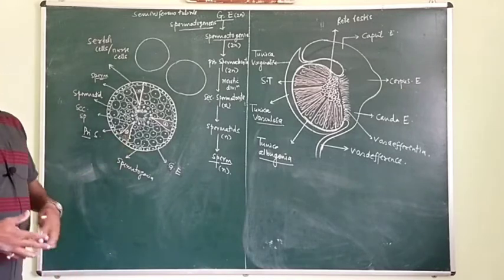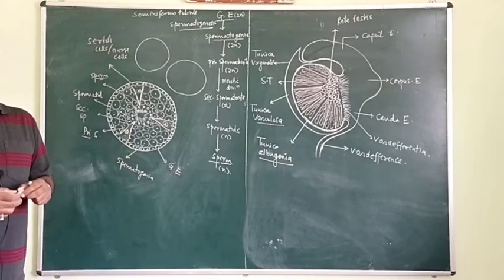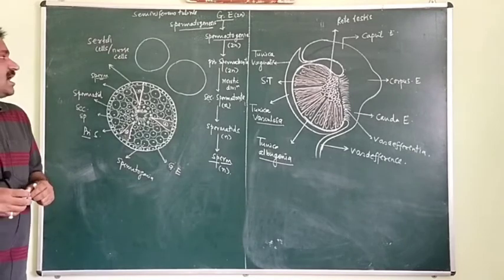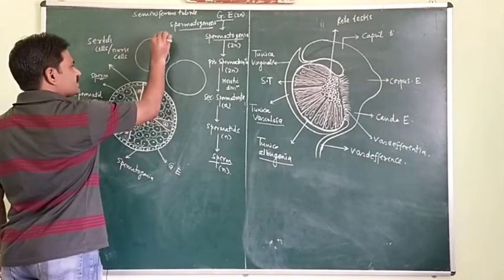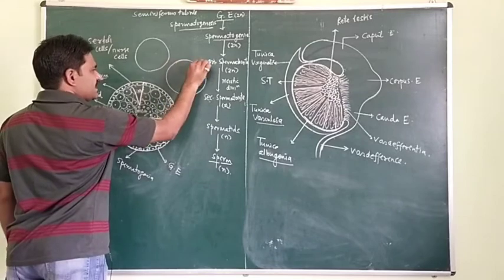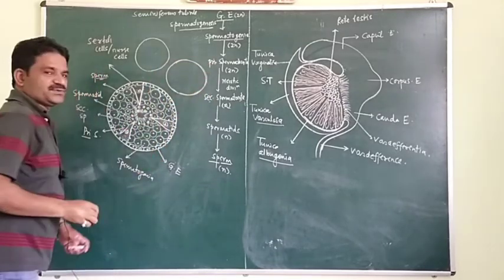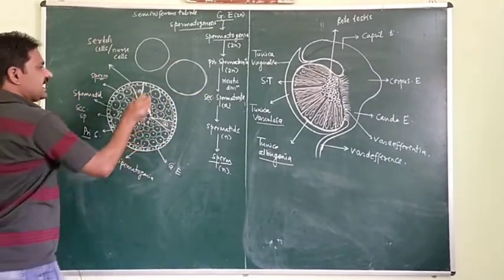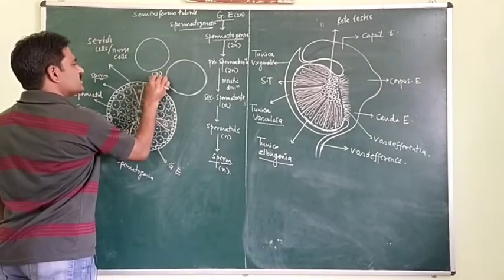In the testis, there are millions of seminiferous tubules that produce the sperms. Outside these seminiferous tubules, in the connective tissue, there are groups of endocrine cells.